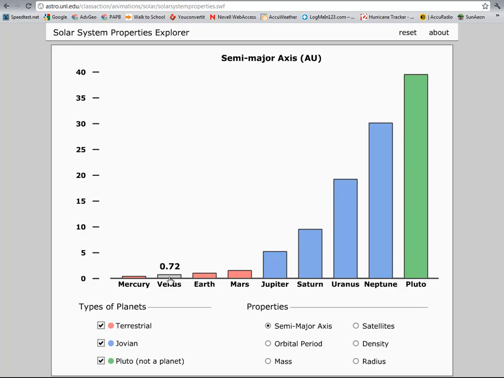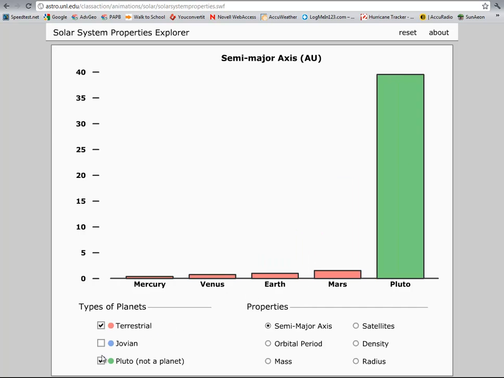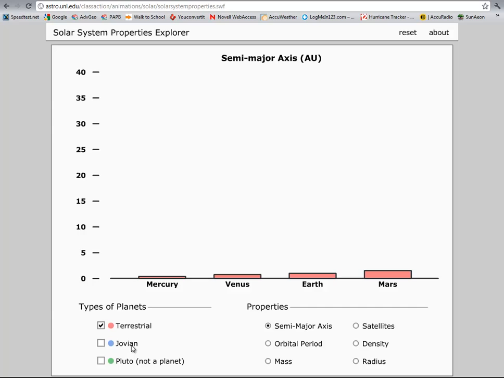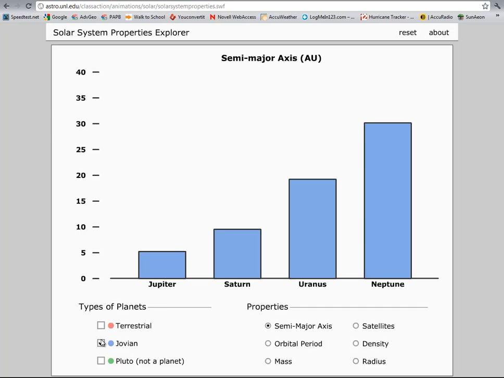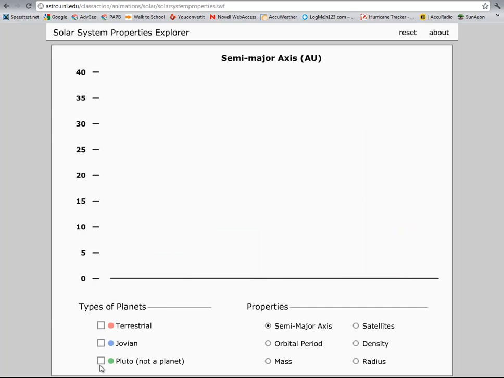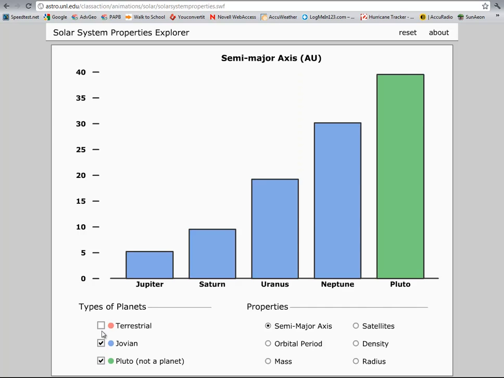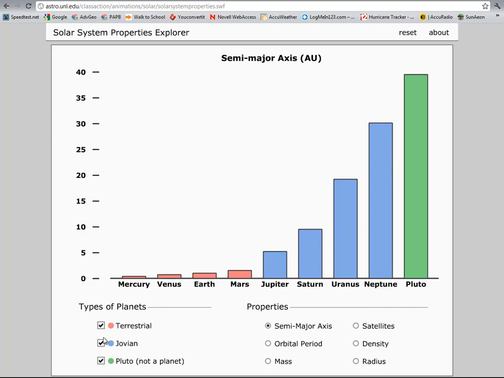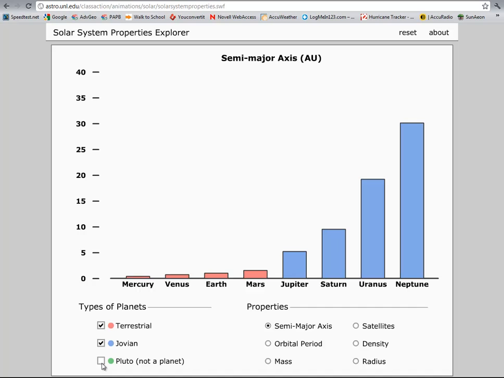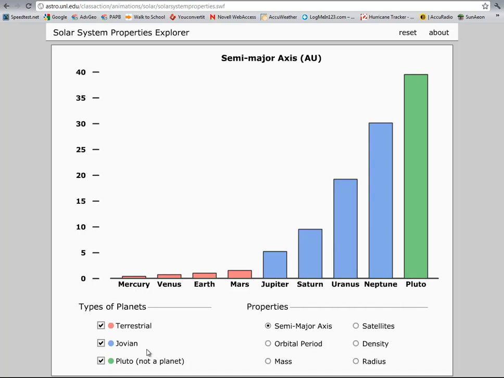So this is 72% of that, that's 39%, and that's 39.5 times that value. That's for all the planets. If you want, you can just look at the terrestrial planets and see them. You can shut the terrestrials off, look at the Jovians. You can shut that off and look at Pluto, or you can throw all of them up there. I guess right now you should probably take Pluto out, but we're going to leave Pluto in.